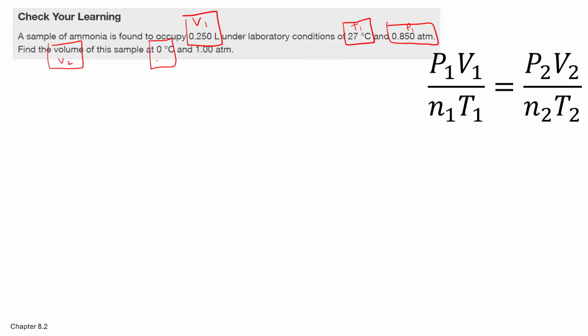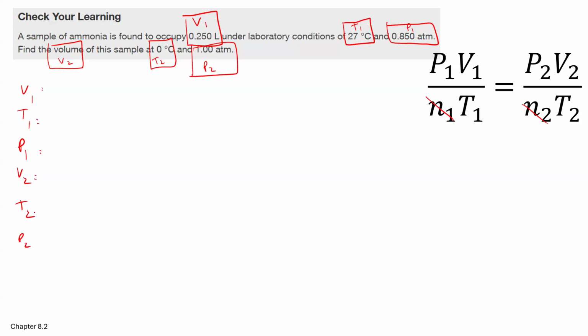So this is going to be T2 and this is P2. All right, so we're going to use this equation. The only thing they don't mention is moles. So we're going to cut those out, because we don't have moles in this problem. All right, V1, T1, P1, V2, T2, P2.